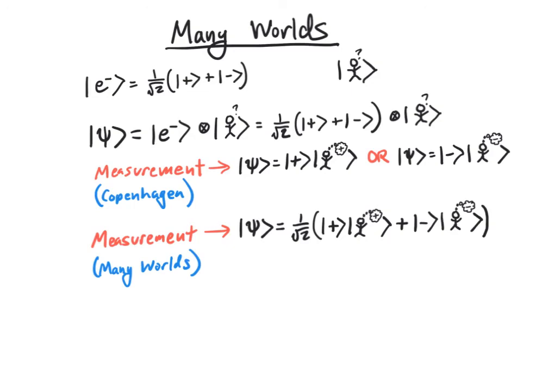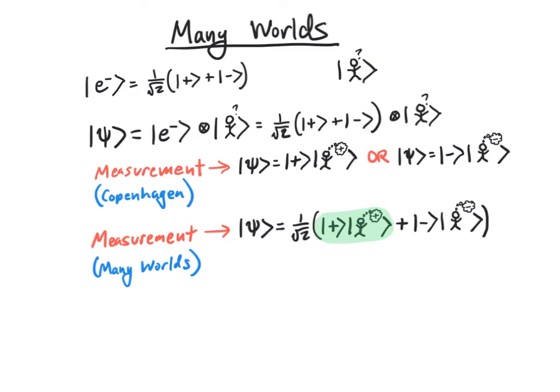So what is the outcome of the experiment? Both. How is that possible? What are you going to find? When you run the experiment, do you find that the particle is spin up or that it's spin down? Again, both. Future you will find the particle spin up and create the memory of finding the particle spin up.